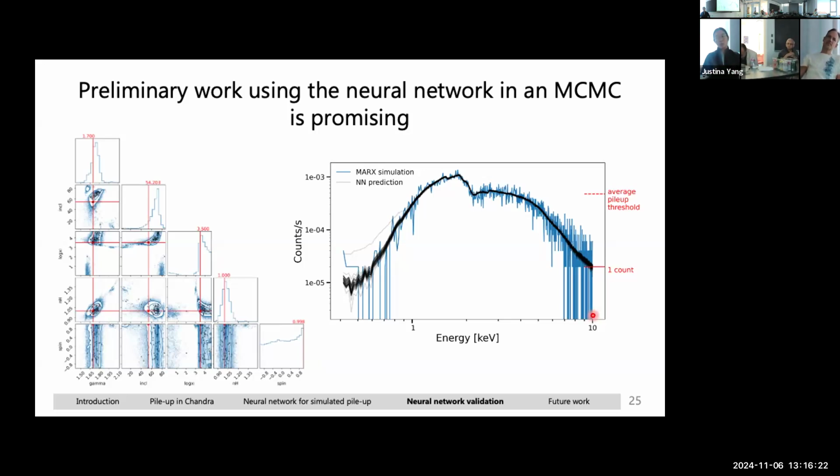For all of these, I'm going from 0.4 to 10 keV, so that's broader than the standard range. Although for the present tests, the neural net mimics Marx or it doesn't. This has nothing to do with Chandra. But yes, it will.